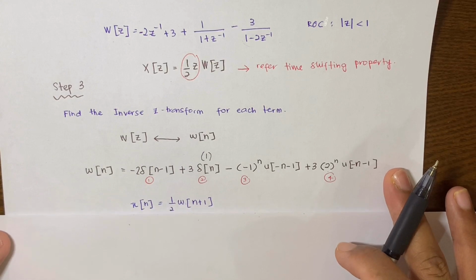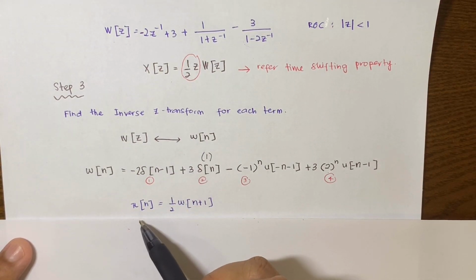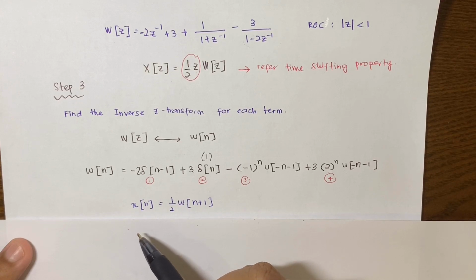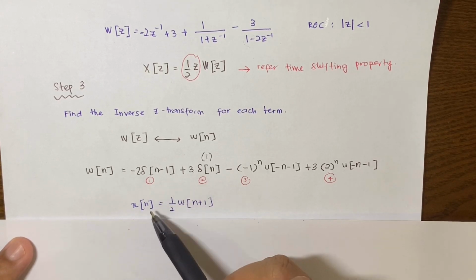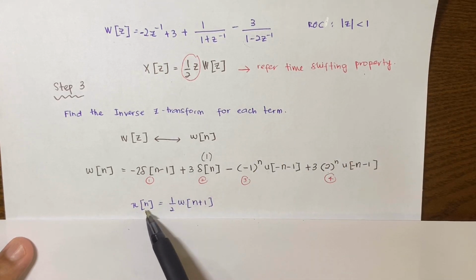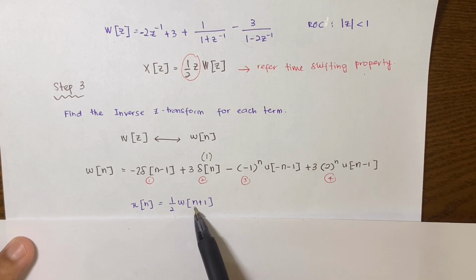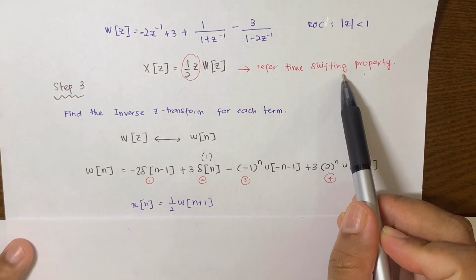Okay, so now we need to solve for x[n], because the question asks you to solve for x[n]. Refer to the time shifting property. x[n] equals 1 over 2 w[n plus 1]. Please refer to the time shifting property table.